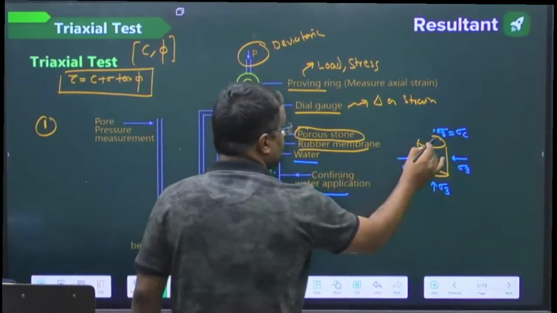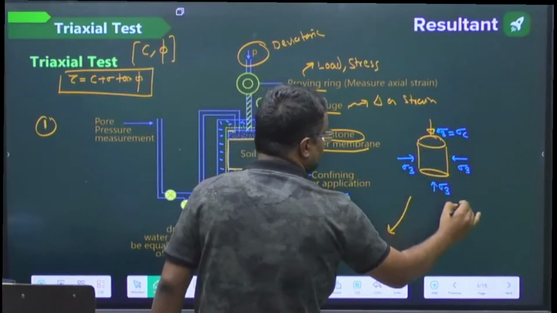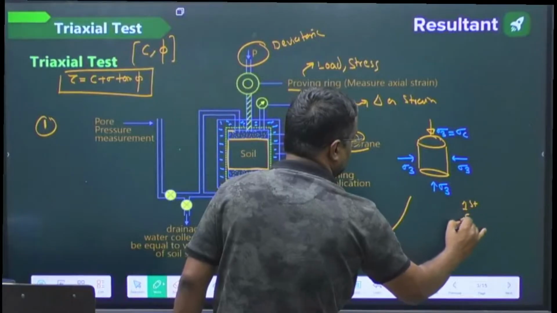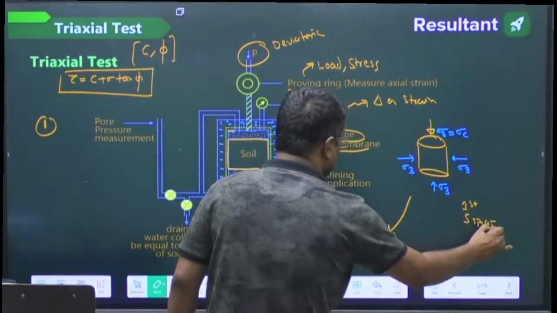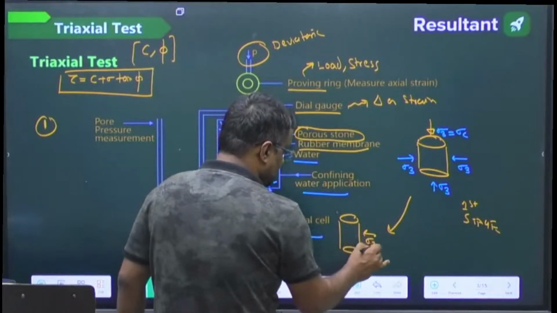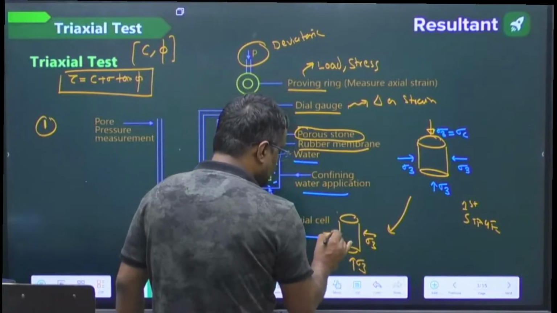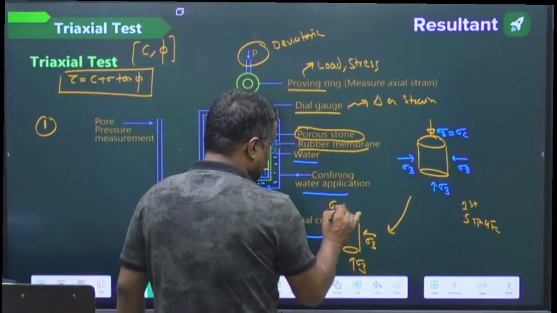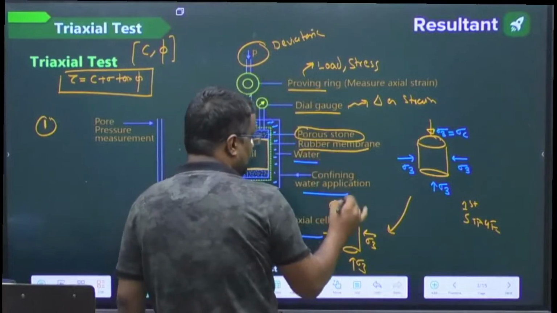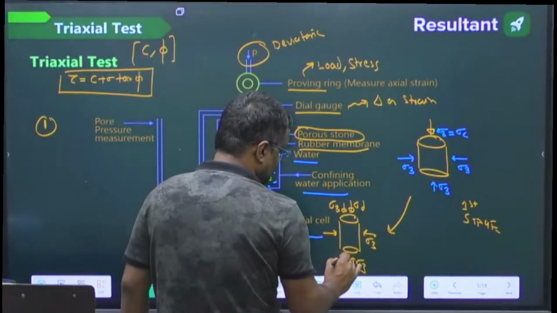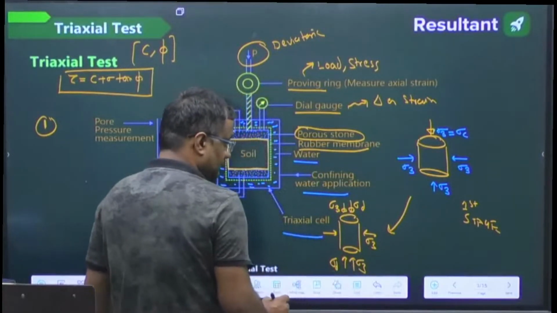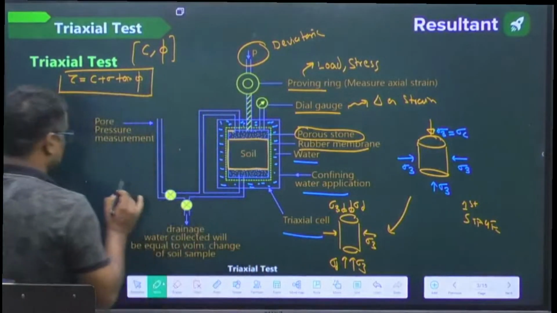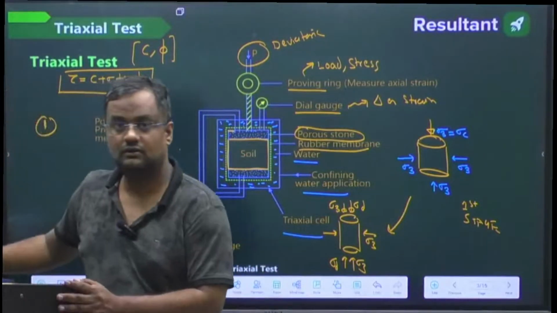In the second stage, apart from sigma 3, in the vertical direction we are also applying the deviatoric stress, sigma d.